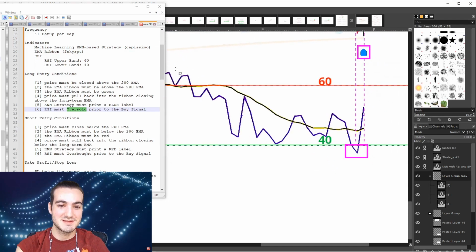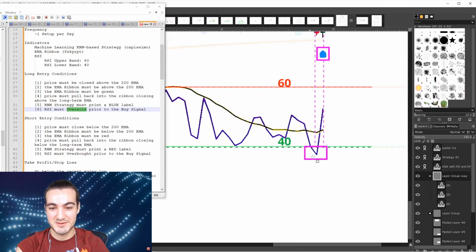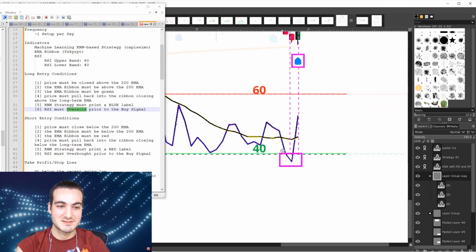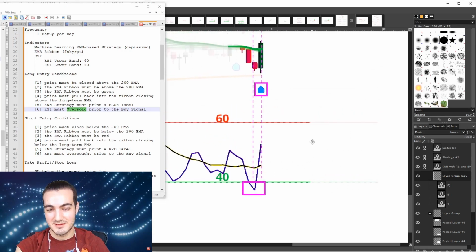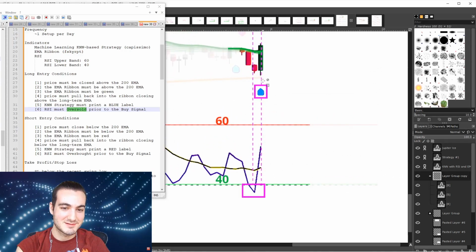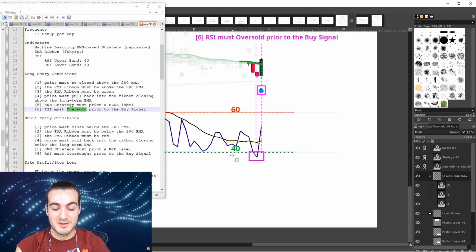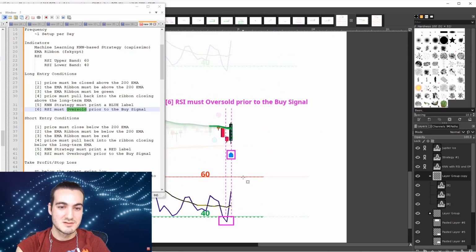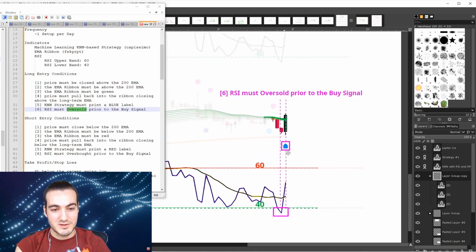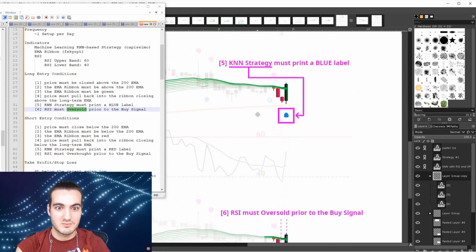So we want to see this oscillator moving down, bottoming, giving us the oversold indication at the 40 level, and then we can be confident that the price should be inclined to move up again. Sometimes it does put in a double bottom, but hopefully price wouldn't drop so far as to set off our stop loss, which I will describe next.